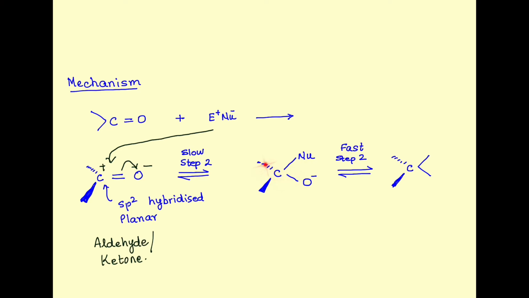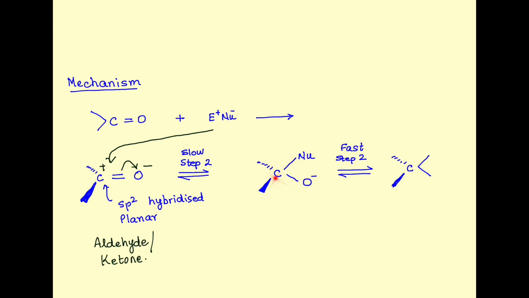So the dashes that you see means the bond is inside the screen, whereas the solid line that you see over here, the wedge here, this is outside the screen, whereas these two are on the same plane as your screen. So this is a 3-dimensional structure.